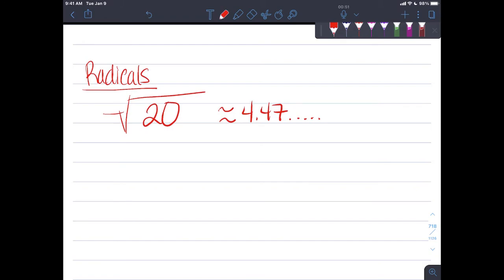The way that you do this is you break it down into factors. Once you do it enough, your mind will be able to pull them out. What you're looking for is perfect squares. Perfect squares are what we get whenever we take the counting numbers and square them.